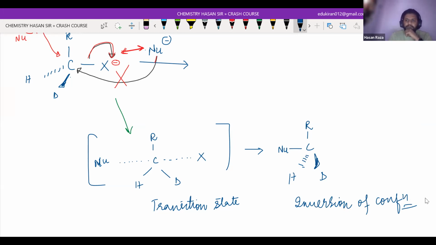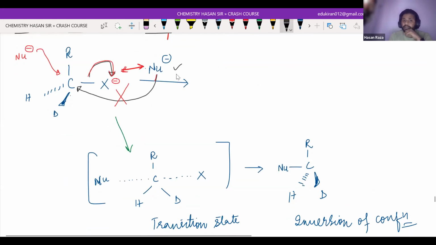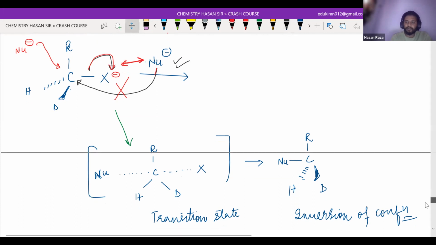Now see, as you understood why the front attack is not possible in SN2, because here the bond breaking and the bond formation take place at the same time. In case of SN1, bond breaking took place, and after a while, bond formation started. That's why front attack as well as back attack were both possible, but here front attack is not possible.